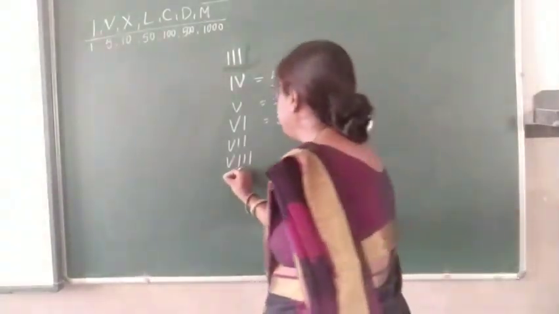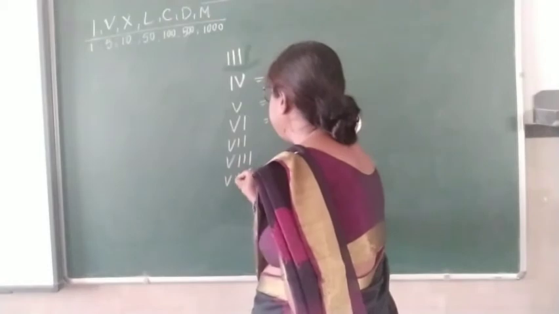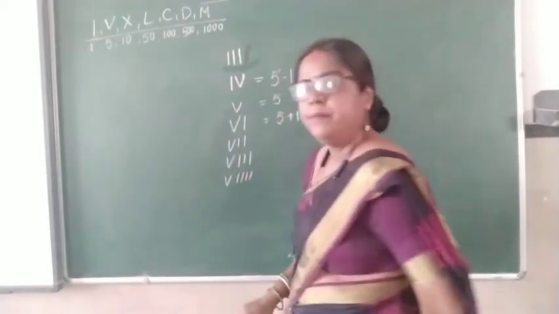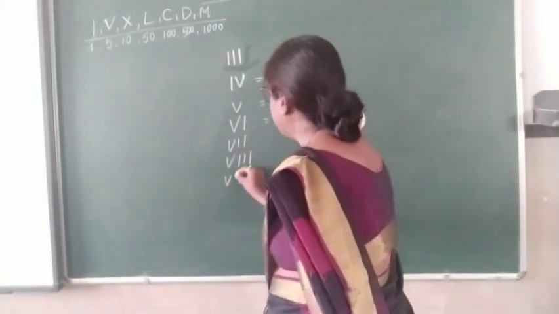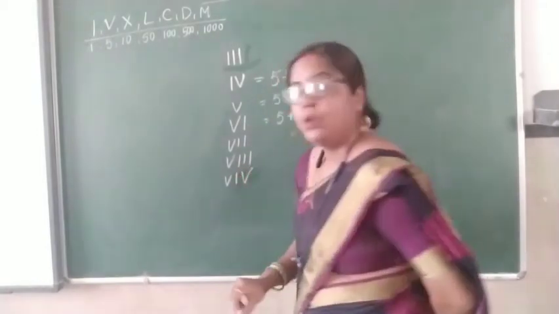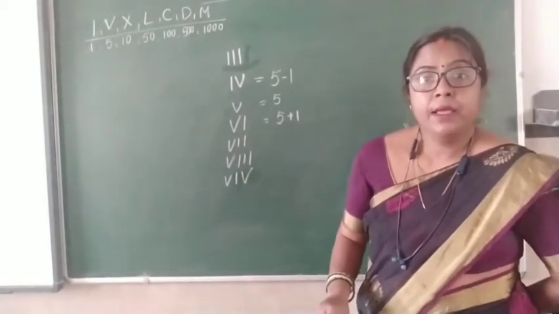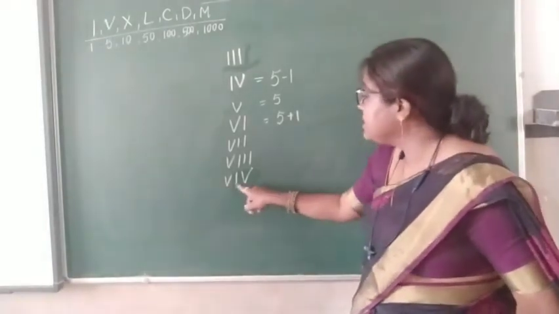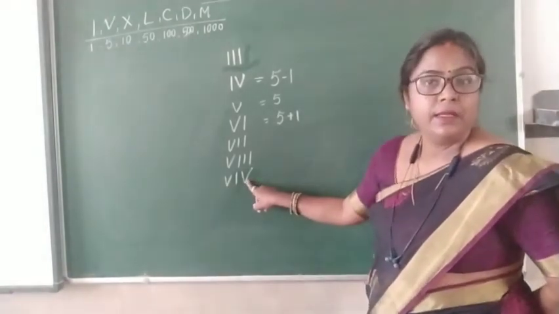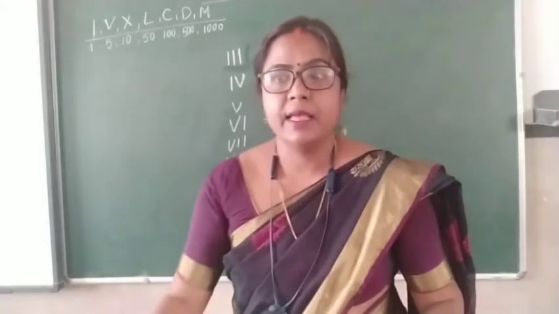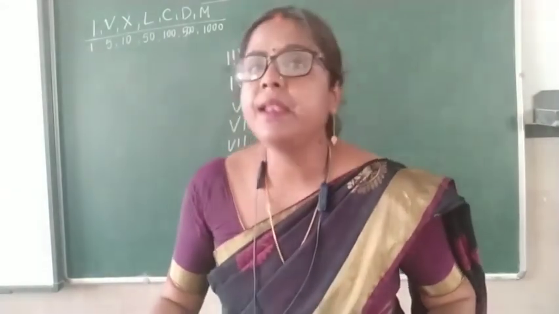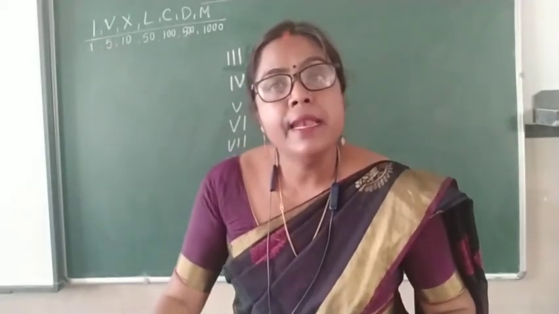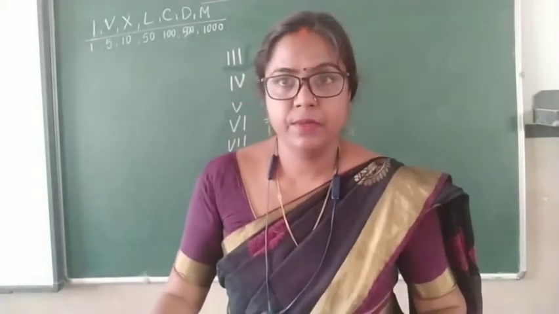Now the same problem for 9. If I have to write 9, what will I do? 5 and I 4 times? No. 5 plus 4, so V and IV? No. Why? Because all these symbols are repeating here. And one more rule is there: V, L and D are never repeated or subtracted.